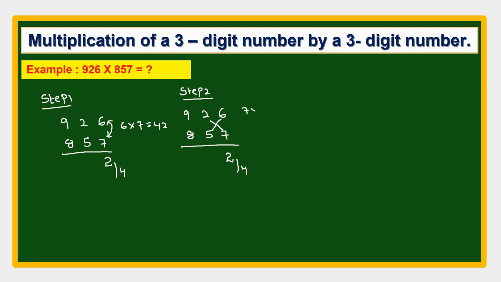It means 7 into 2, 14. 5 into 6, 30. And carry forward 4 also we have to add. 4 plus 4, 8. 3 plus 1, 4. 48. So, write 8 here and carry forward 4 down. And next, step 3.